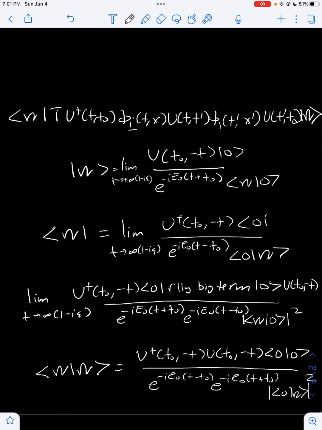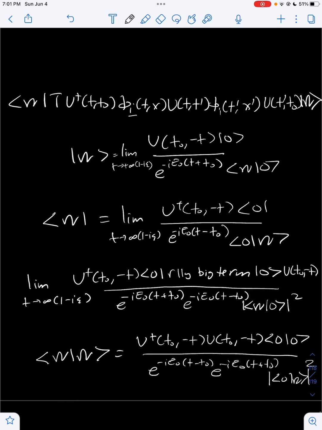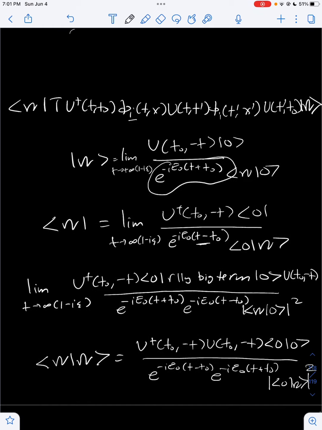So we can note that the covector of the interacting vacuum is going to be equal to this over here. Note that we have e to the minus iE naught times t minus t naught. I think the reason why it's that way is because if we let time be imaginary time, then the complex conjugate of this over here is just going to be e to the iE naught, and then minus t plus t naught.